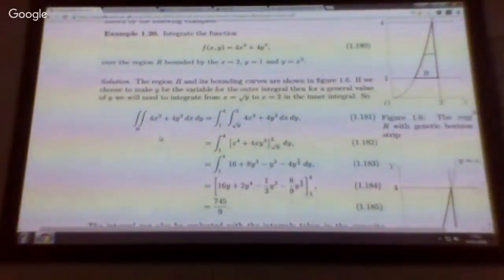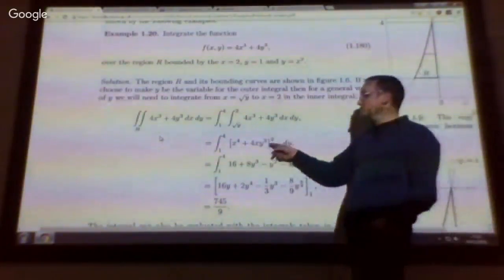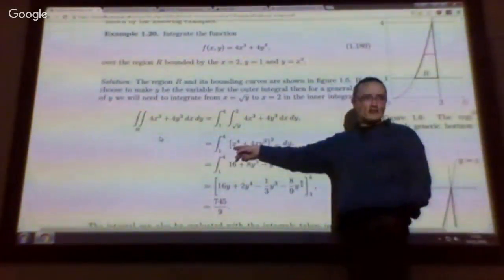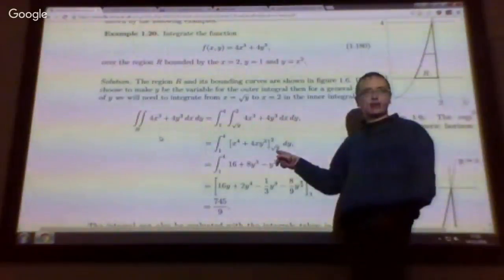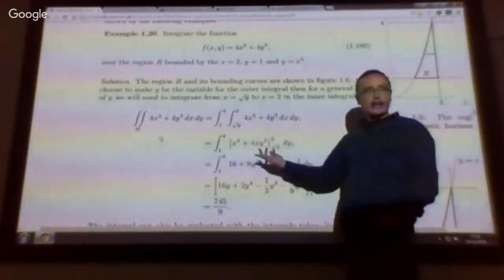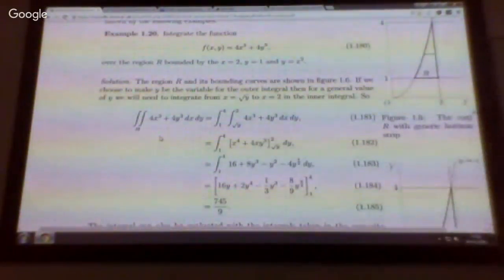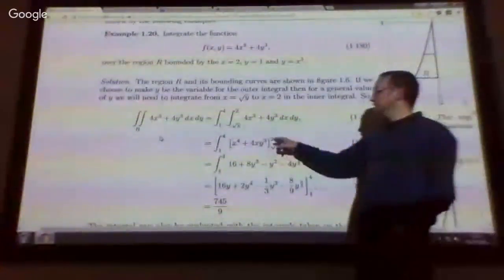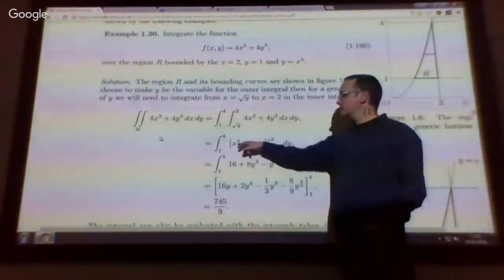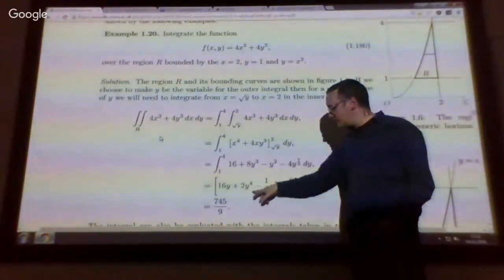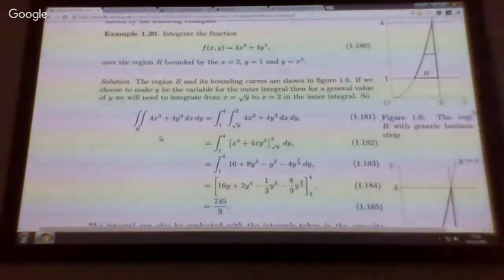But those are limits for the x variable. So we substitute the value x equals 2 into the integral function, and the value square root of y into the integral function for x, and then we subtract those values. Now we're substituting constants and y values for the x variables, so what we're going to end up with is a function of y.